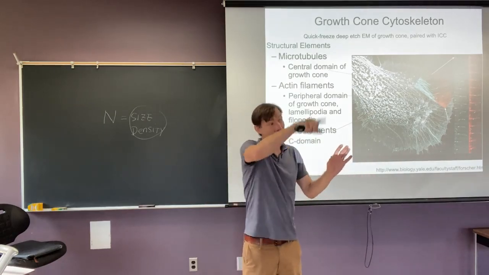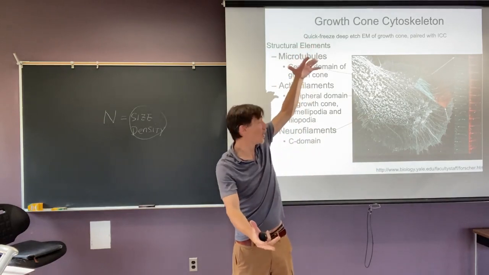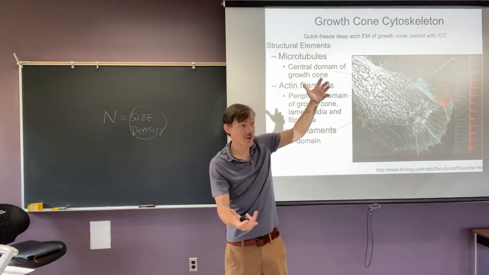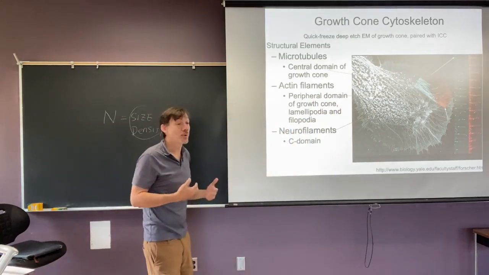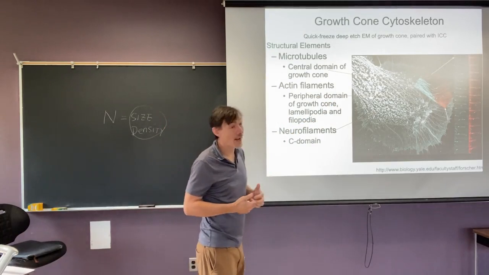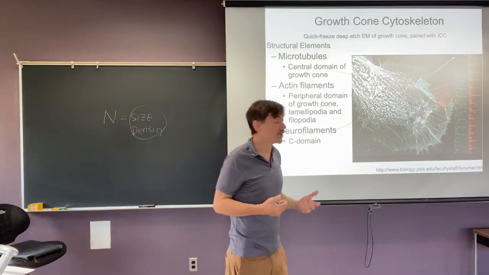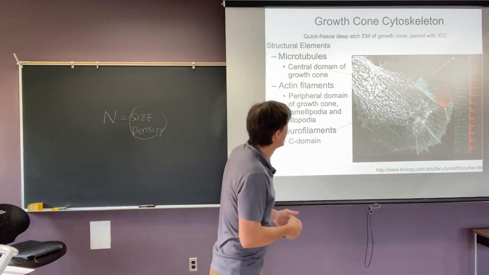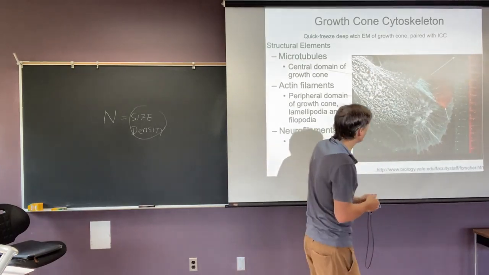And if you think of an area of a circle, you can see that that's going to mean that there's a huge volume of material in the axons of aplysia neurons. And because they're so big, that's one of the reasons that people do cell biology on them, because you can do a lot of really neat experiments with them. In any case, so here's the growth cone of an aplysia neuron.